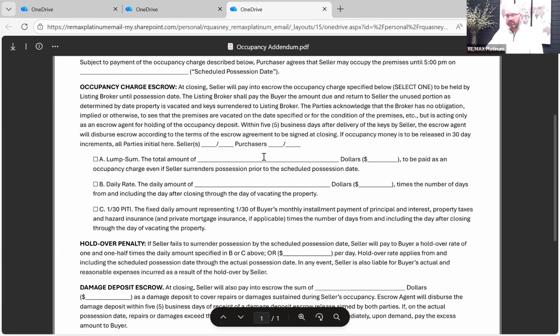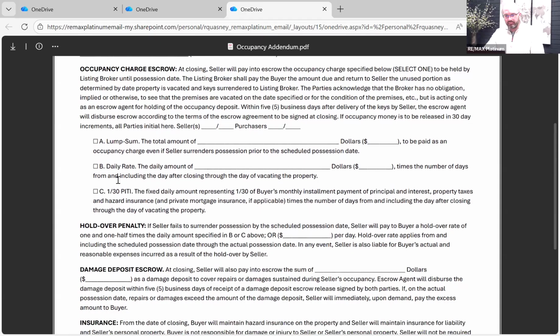Even if the sellers move out early, they're paying a flat amount. There's pros and cons to that. The downside is it kind of just encourages the sellers to drag their feet, or if they're ready to move and able to get out, you should want them to get out and give them that incentive to do so, financially. Most of the time, though, if you're doing free occupancy, this is where you just put $0 lump sum for this entire occupancy charge.